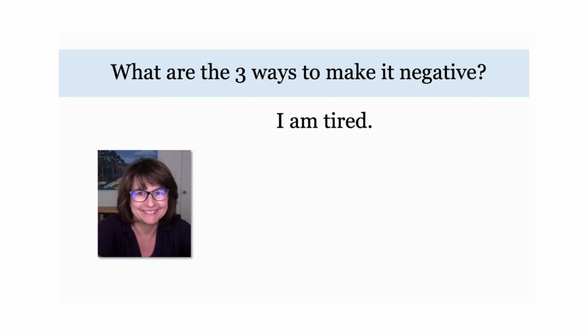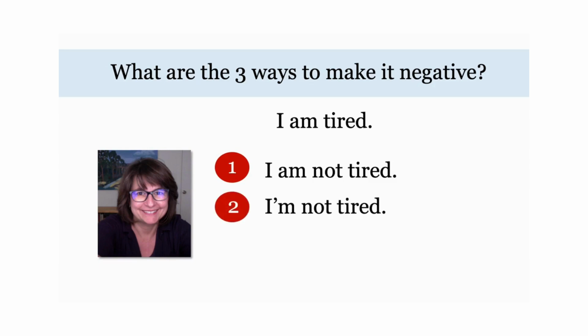The sentence says, I am tired. But this is me, and I feel fine. The first way, add not. I am not tired. The second way, I'm not tired. And the third way, nothing. Remember, you can't do the third way in the negative.